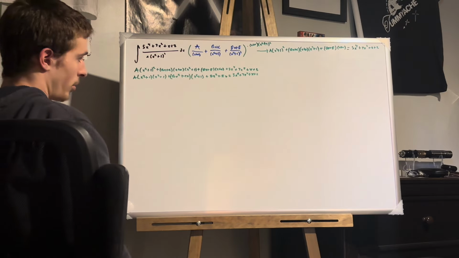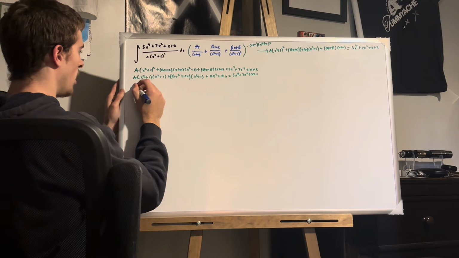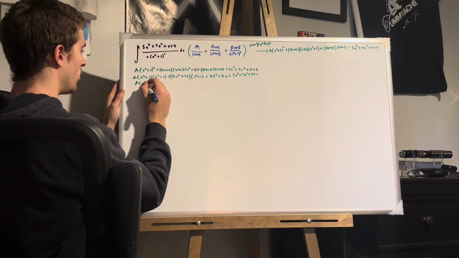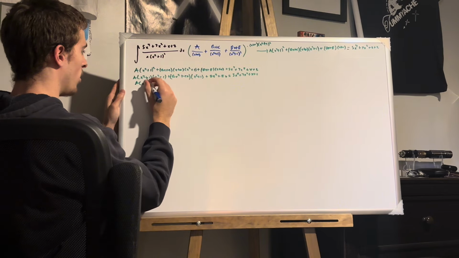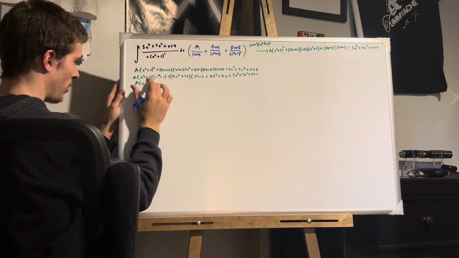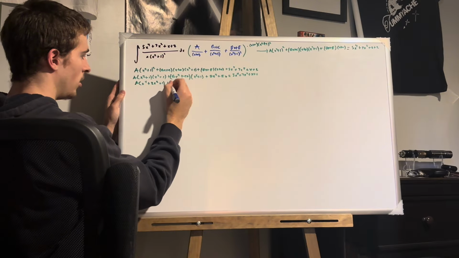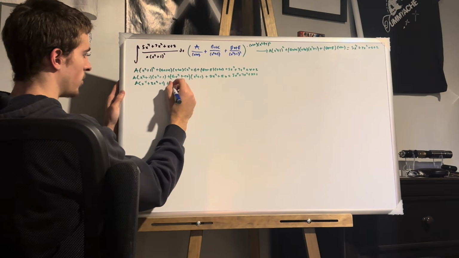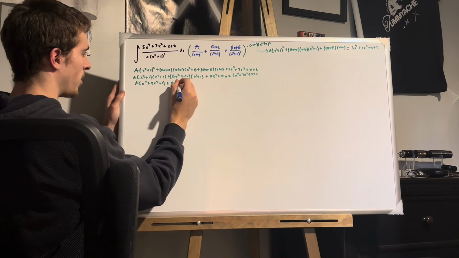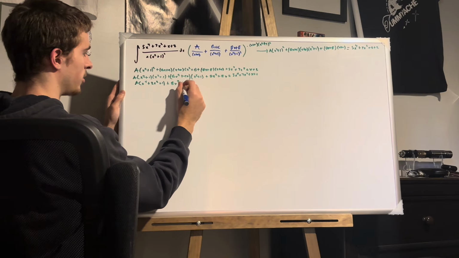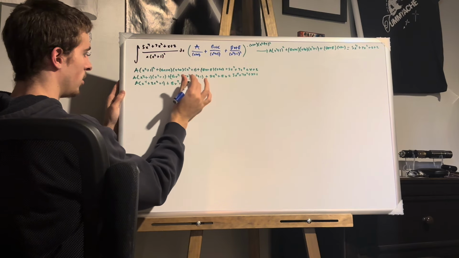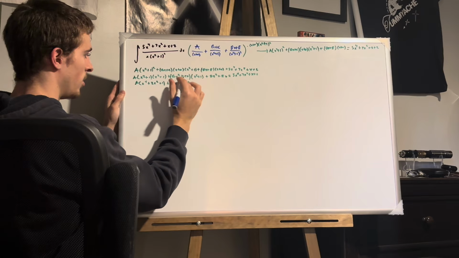We're really close. Ax to the power of 4 plus 2x squared plus 1. This is bx squared times x squared, bx to the power of 4 plus bx squared, bx squared times 1.